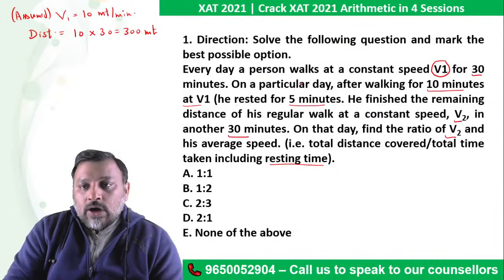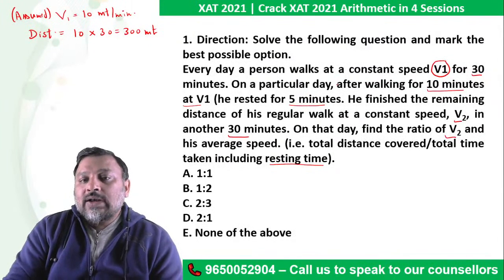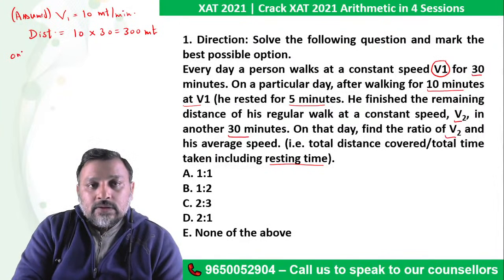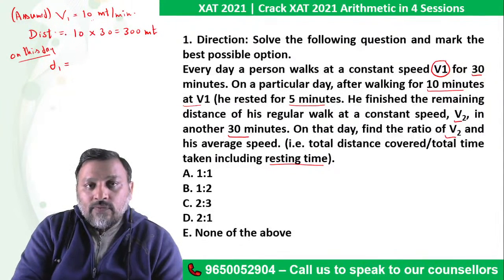So now on this particular day, he walked for 10 minutes at V1. So on this day, he covered D1 distance at a speed of 10, that is at speed of V1, for 10 minutes.